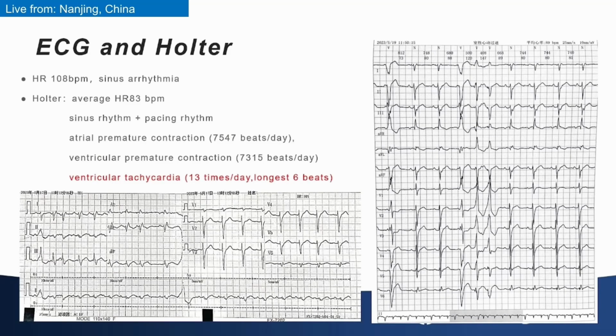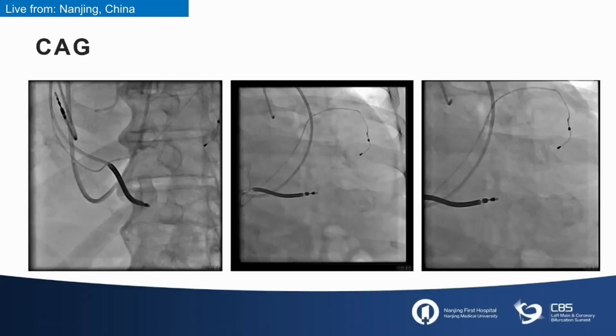The ECG and Holter show sinus arrhythmia, and the Holter discovered ventricular premature contractions and ventricular tachycardia.